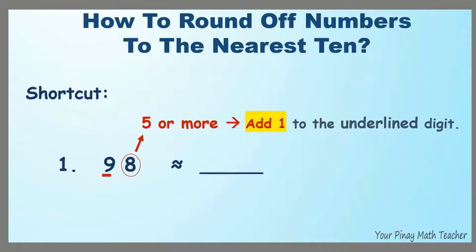The digit that we encircled is 8. So we have to add 1 to 9. 1 plus 9 is 10. And make the one that you encircled 0. So the answer is 100. So 98 is rounded off to 100.